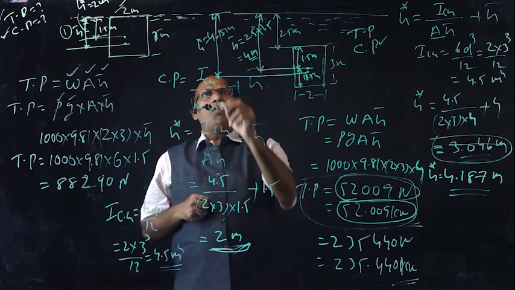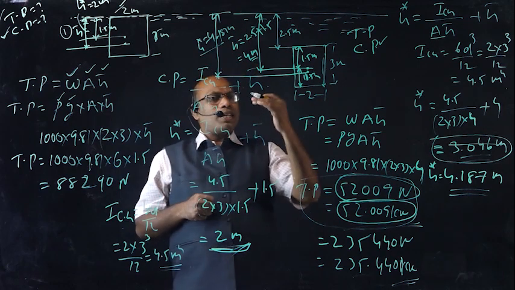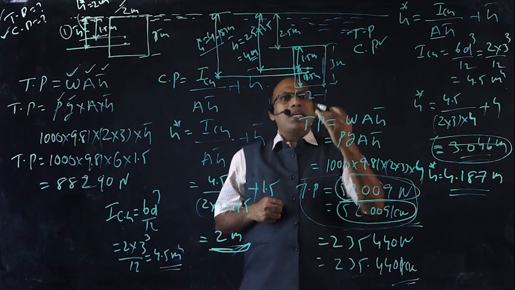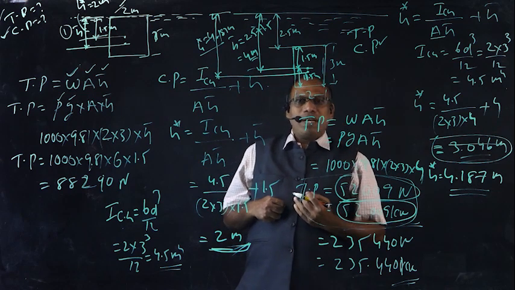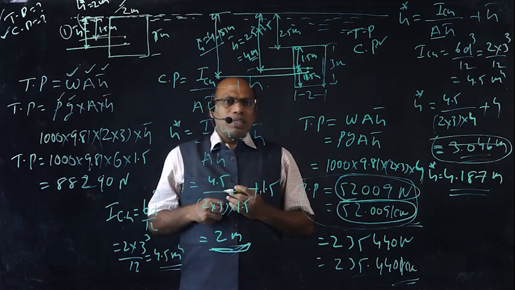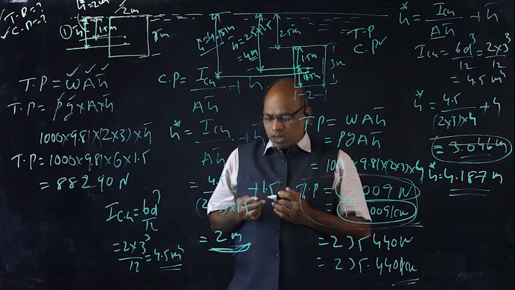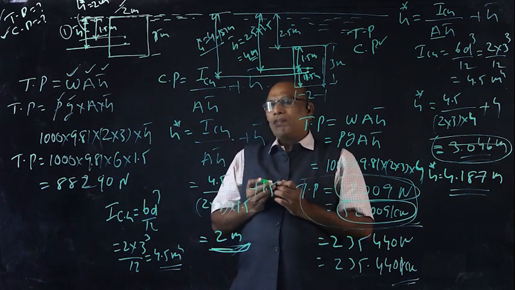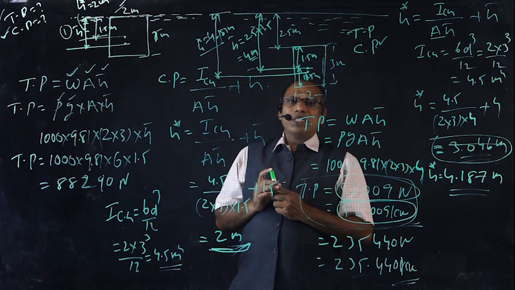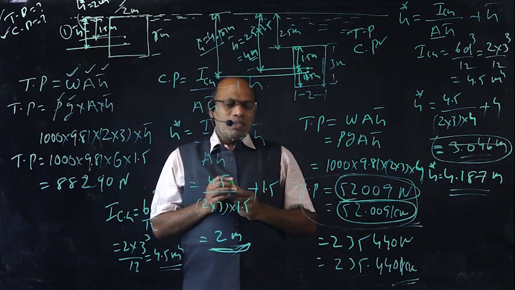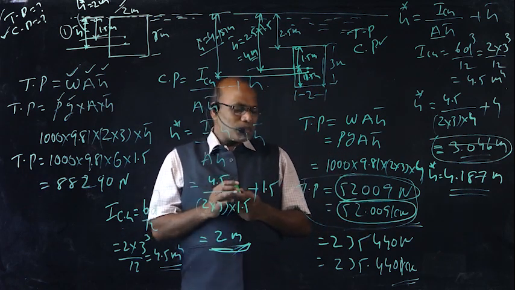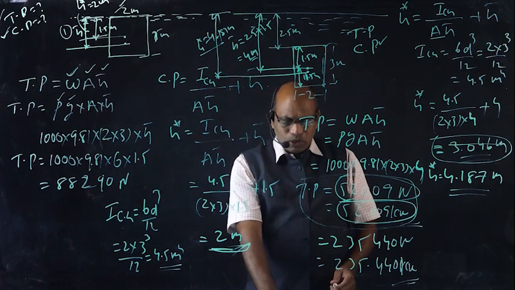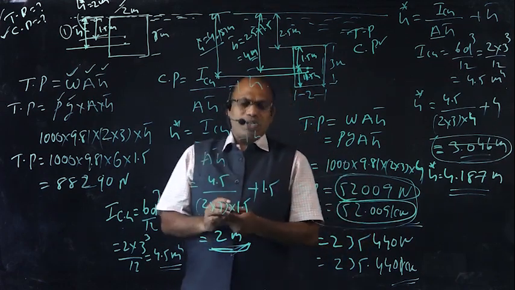Always H star, the center of pressure, is always below the center of gravity or CG of the object, right? This is the problem related to a body immersed in vertical position. Now we are going to solve some more problems related to an object immersed in the vertical position in the liquid.